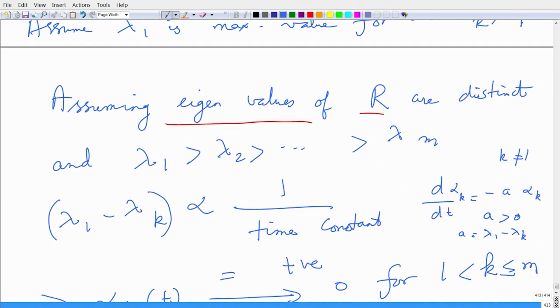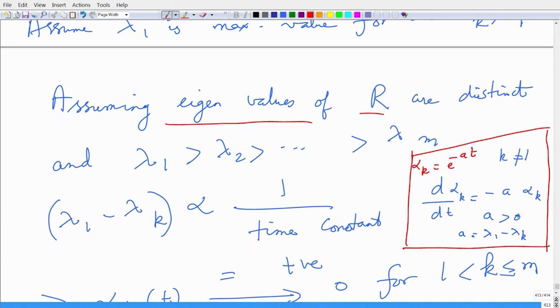Let us just focus on this box that I have here on the right hand side. Now this is a simple linear differential equation whose solution is alpha k equal to e power minus a times t, subject to some initial condition.